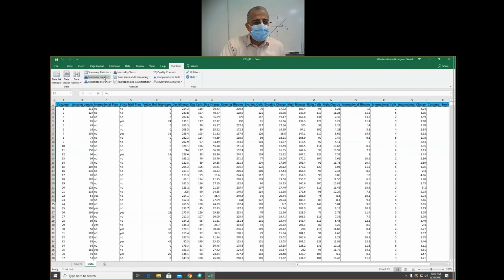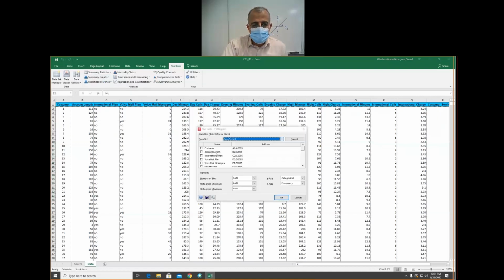For example, we can go to the summary graph and histogram.